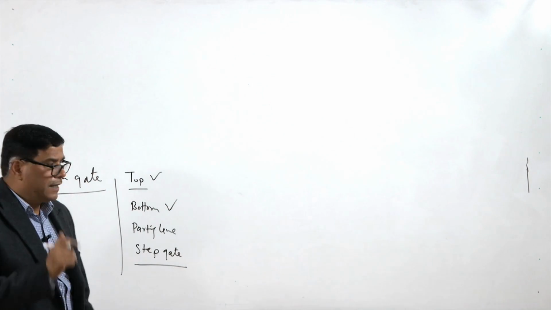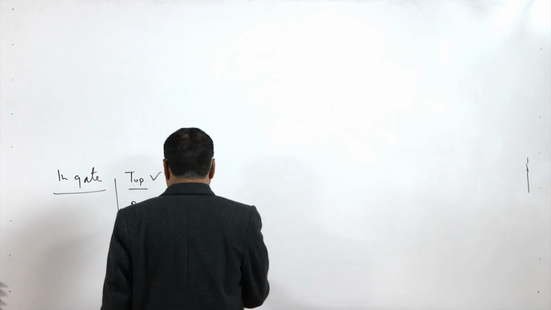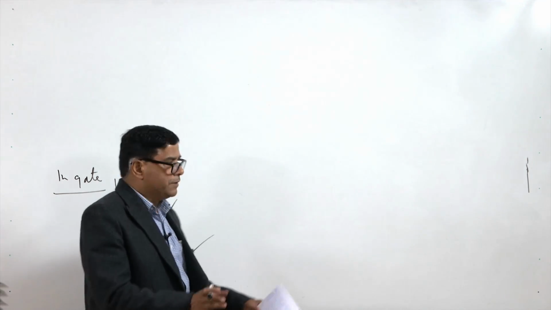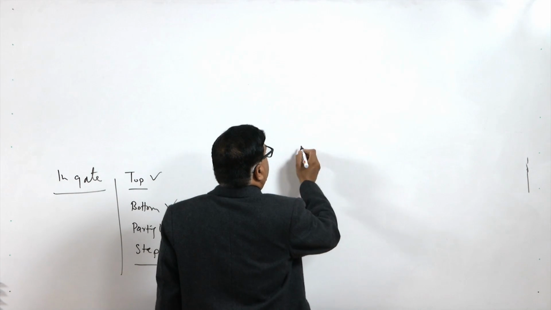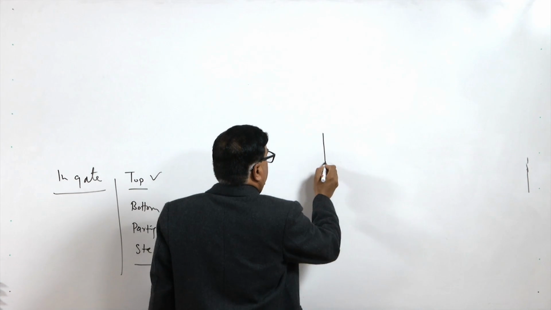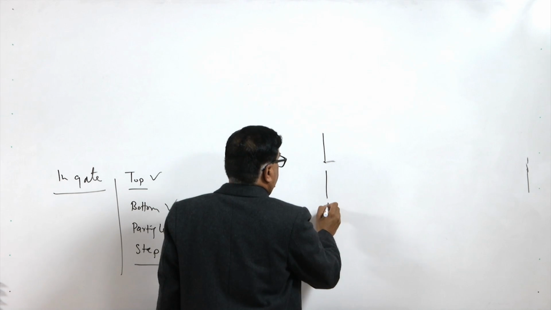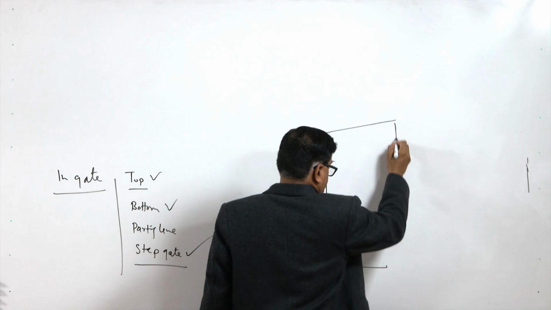In case of large size castings, the step gating system is used, so that the molten metal can be fed into the cavity through a number of gates. One typical example is like this, where molten metal is fed to the cavity through a number of gates.